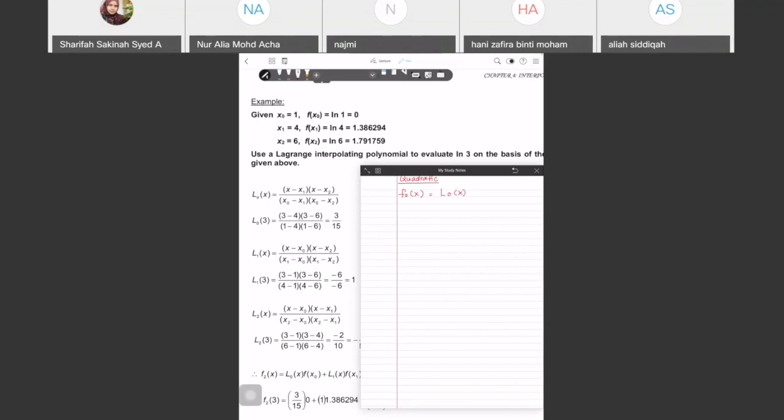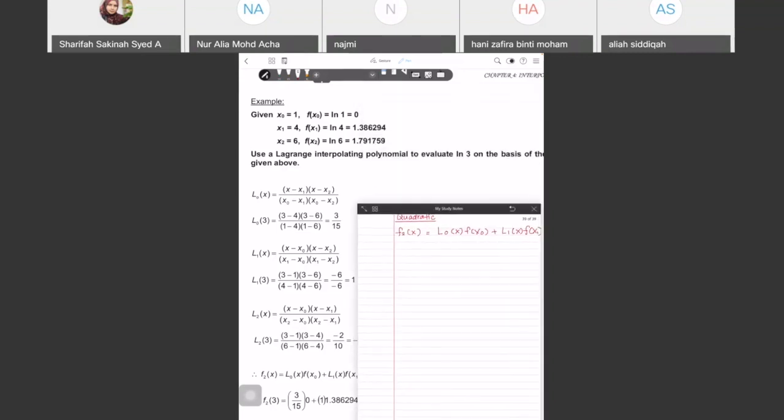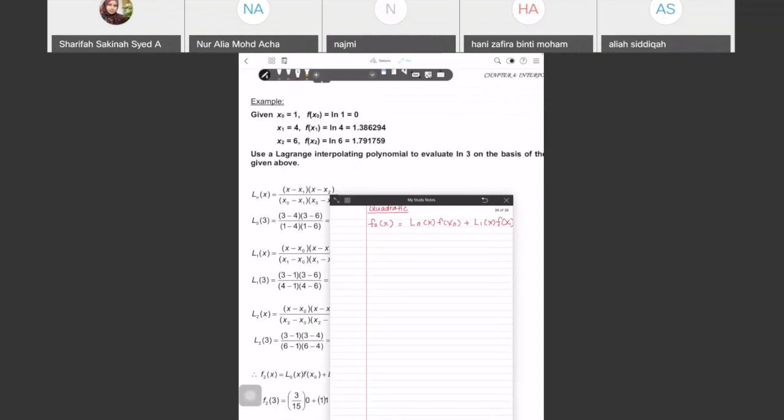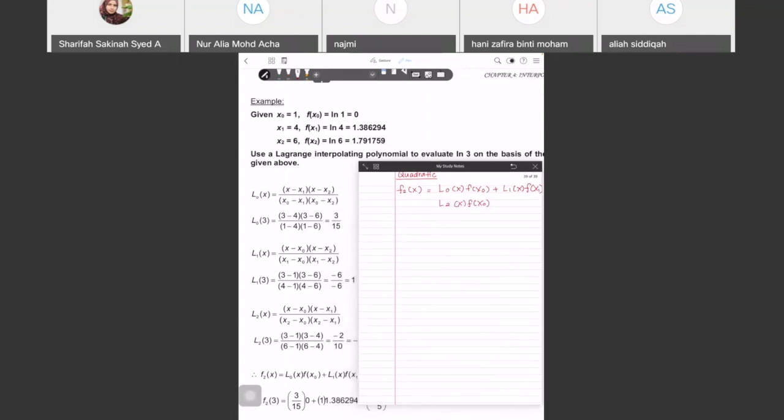L represents Lagrange. L naught f(x naught) plus and so on. Okay. So this is for linear, we stop at L1, but now we have to move until L2. This is the quadratic Lagrange polynomial.